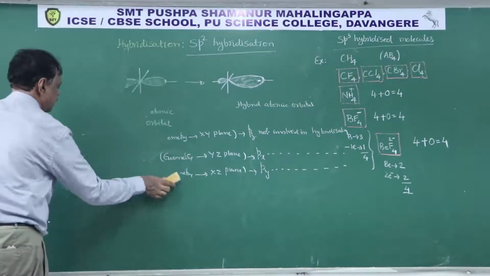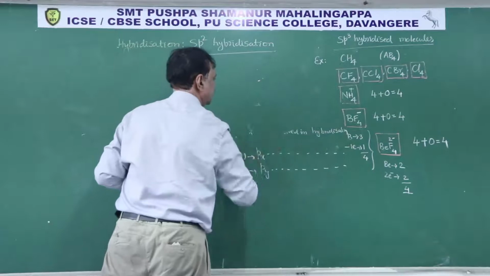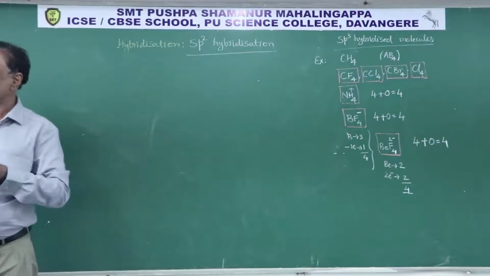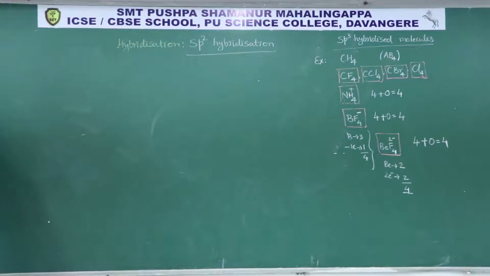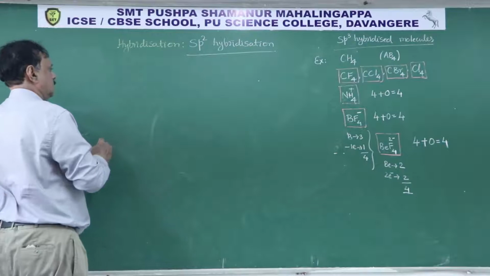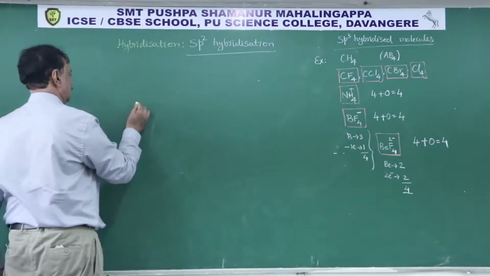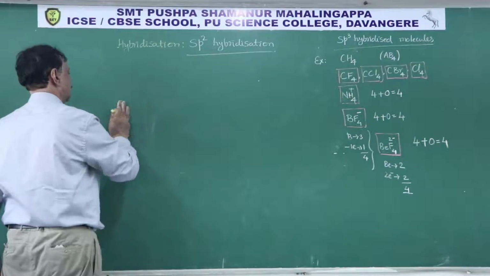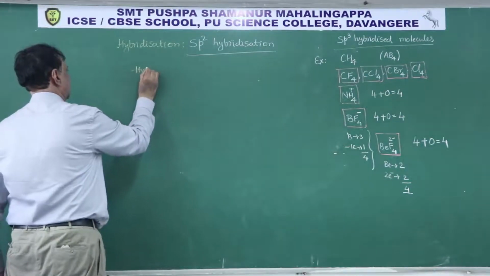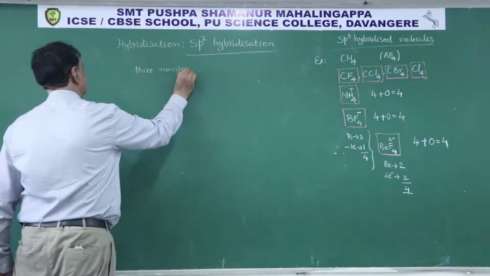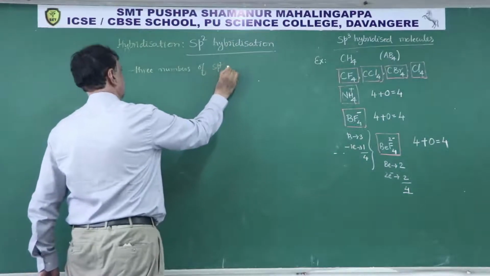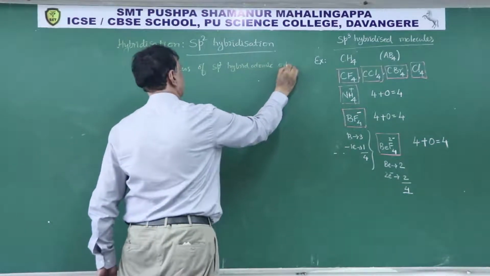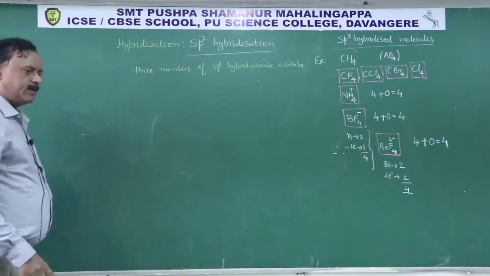Now in the ethylene molecule formation, we have three sp2 hybrid atomic orbitals.